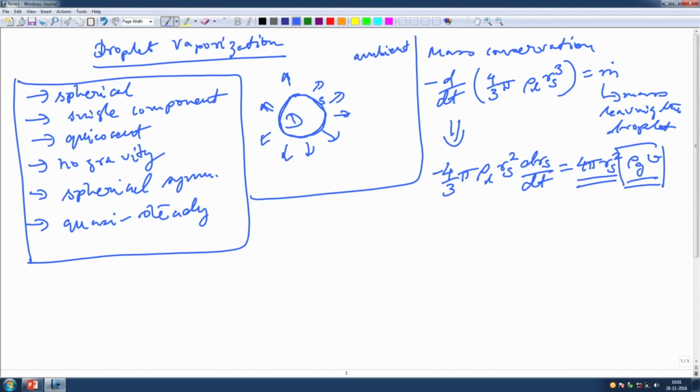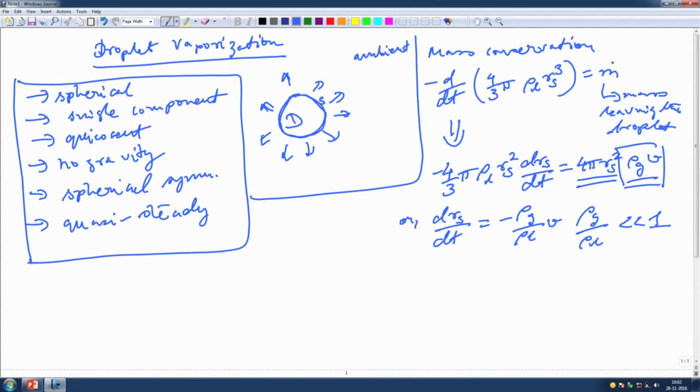These two have to match, because whatever mass deficit is happening in the liquid has to be carried out by the vapor. So, it becomes dR_s/dt equals rho_g by rho_L into V. And as we know, rho_g by rho_L is much less than 1. This is true for all the cases.